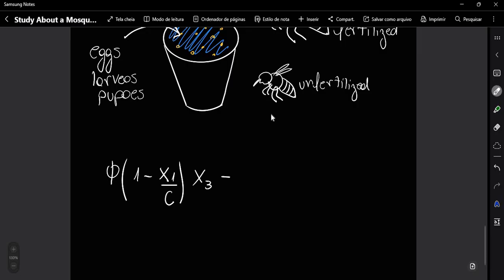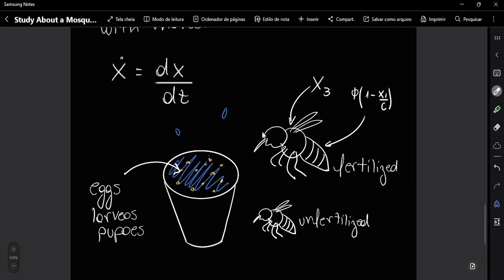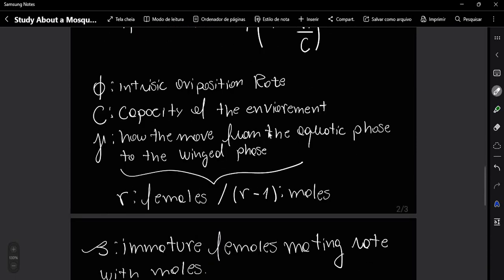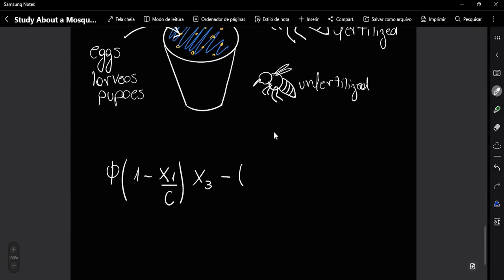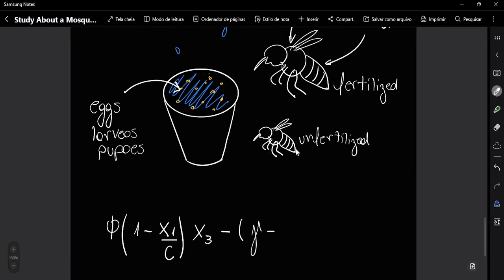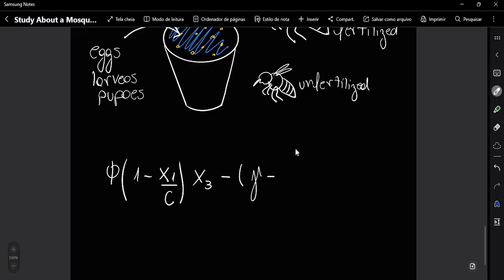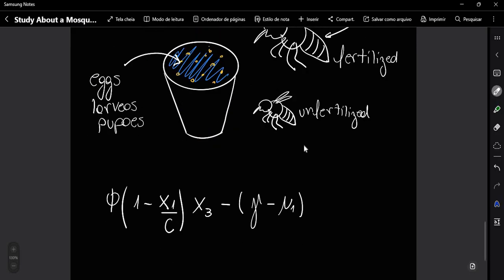Okay, so we have this gamma, which is how the mosquito moves from the aquatic phase to the winged phase, and minus mu1.